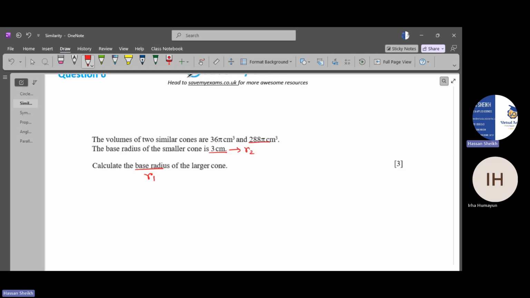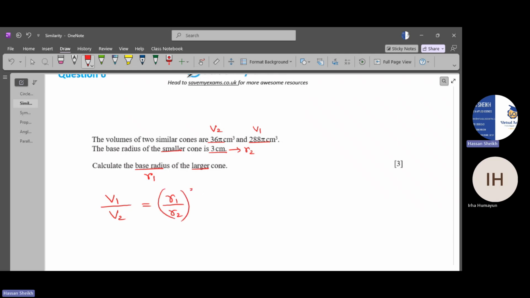This one, because it's a larger volume, must be V1. This one must be smaller volume, must be V2. Because smaller we represented with 2 and larger we represented with 1. You can use either way.